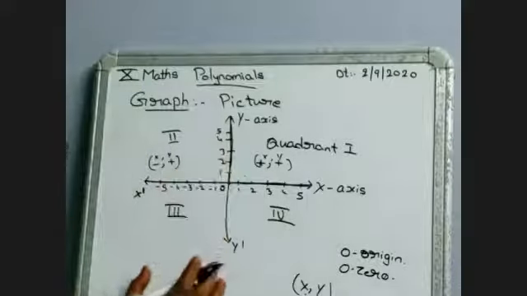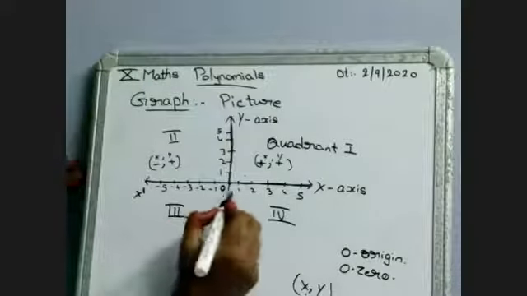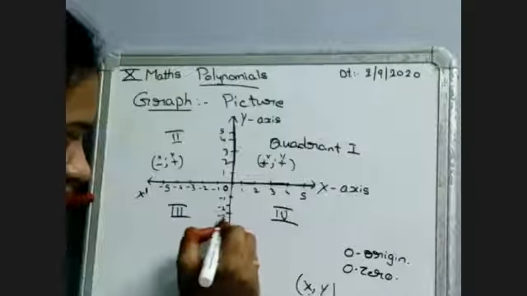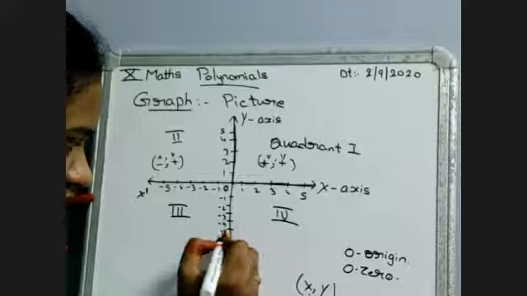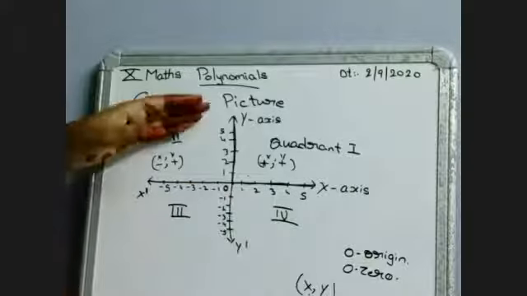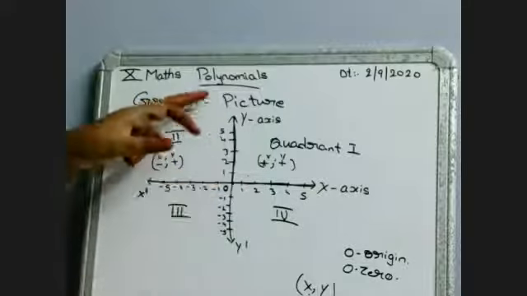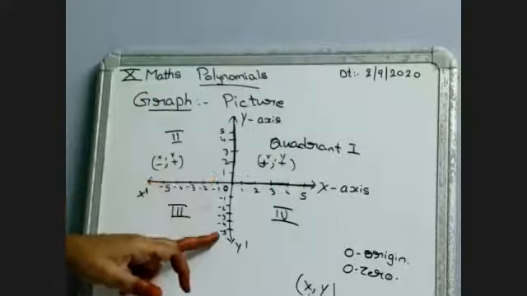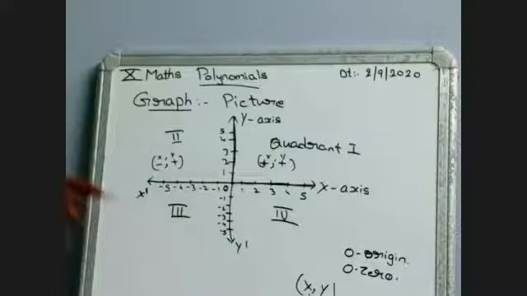Come to the third quadrant. In this third quadrant, we get both negative values: minus 1, minus 2, minus 3, minus 4. Why? Because above zero on the y-axis we took all positive values, so below zero we take all negative values.